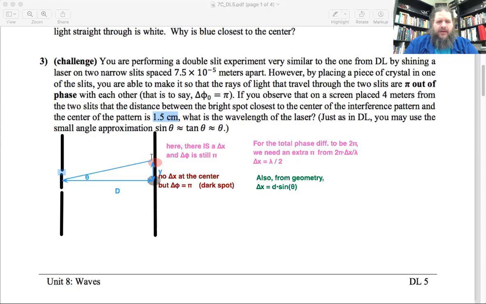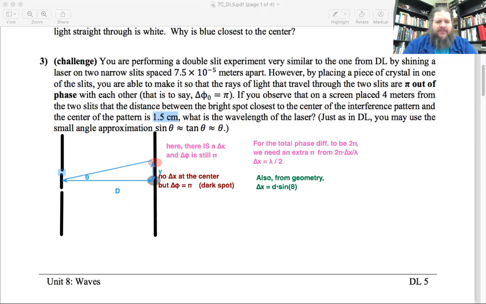And in this right triangle, what trigonometric function would relate y and big D and theta? Tan. Yeah, tangent will work because y is the opposite side from theta and D is the adjacent side from theta.